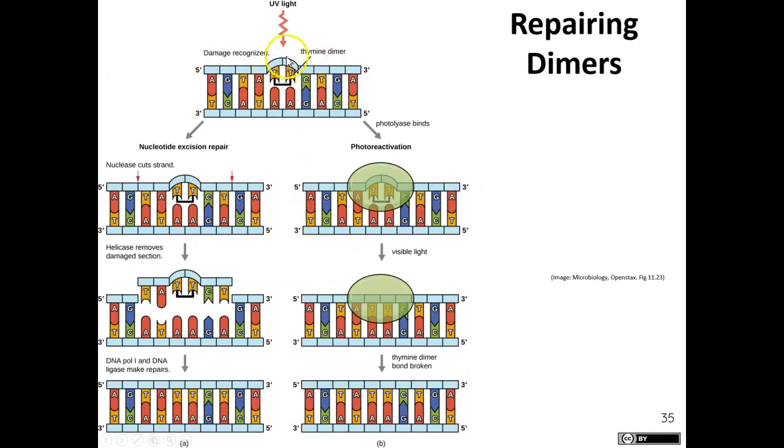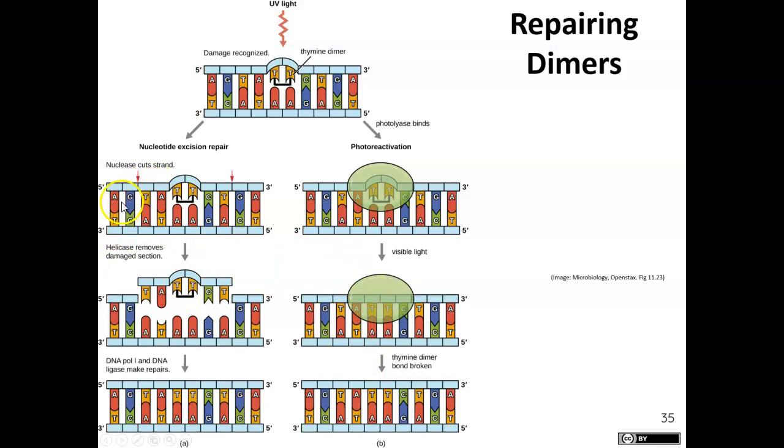And so here we have a thymine dimer from UV radiation. What will happen is you're going to have the original strand here, and then you have this complement up here. These two aren't bound. So we have these light enzymes that come along, and they will break apart that thymine dimer so that the thymine now is able to bind properly.